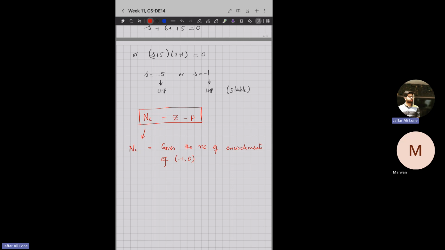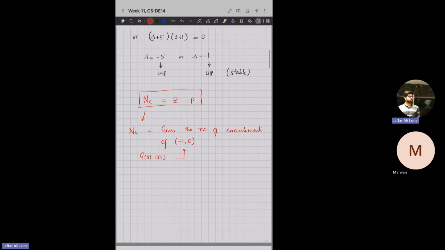So how many times is this minus 1 comma 0 encircled? You have understood that already. Now, if my transfer function is G(s)H(s), then I consider the encirclements around minus 1 comma 0.